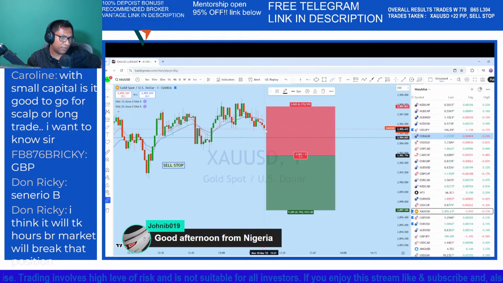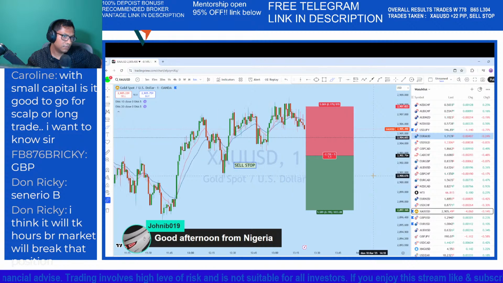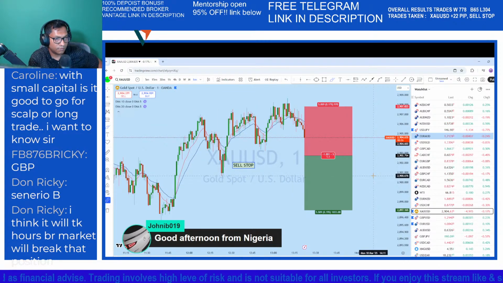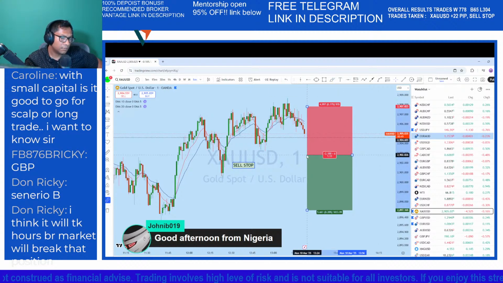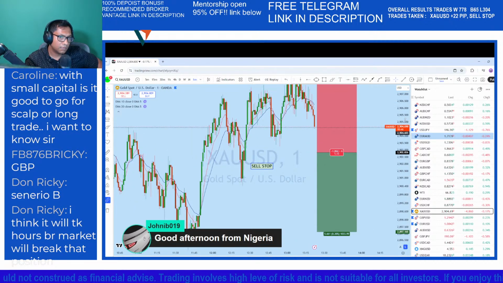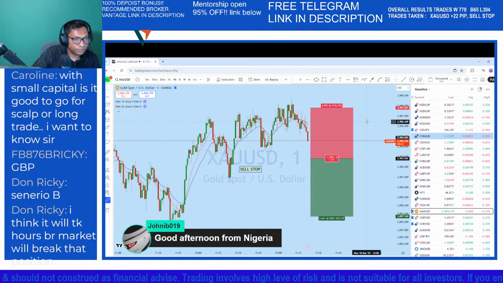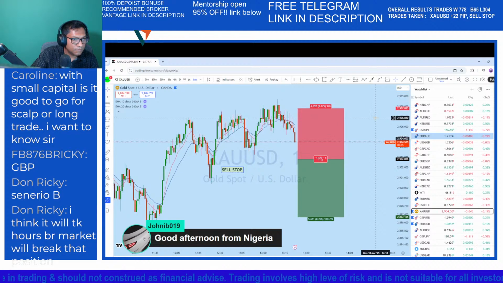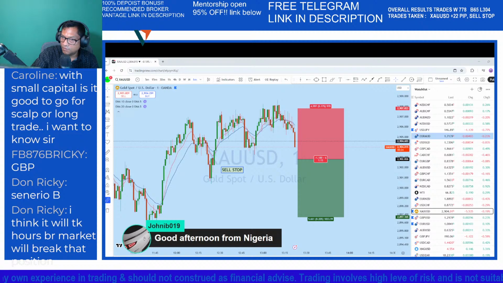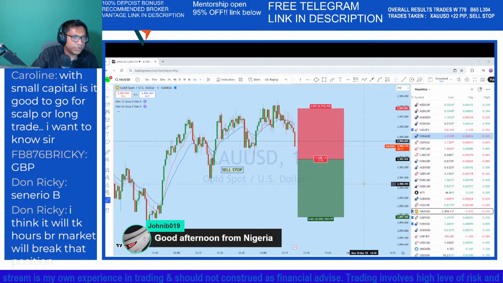Wanting to see the market coming down well below, penetrating that, and then dropping down here. Okay, so waiting for a trigger here.